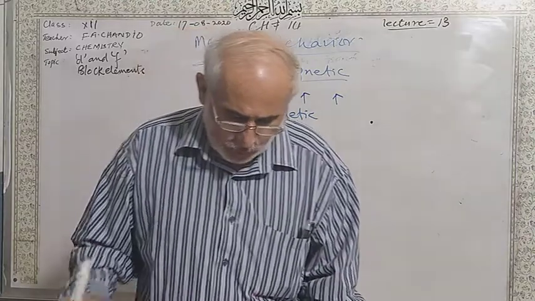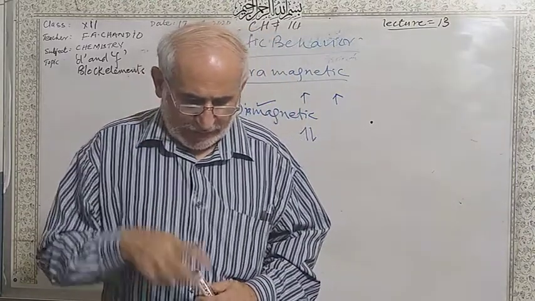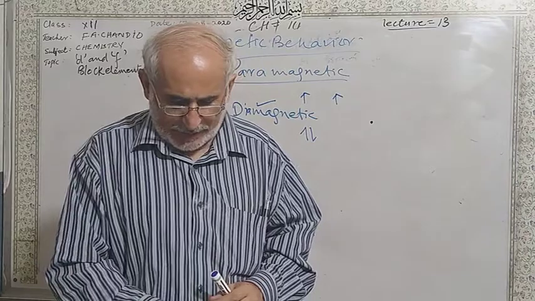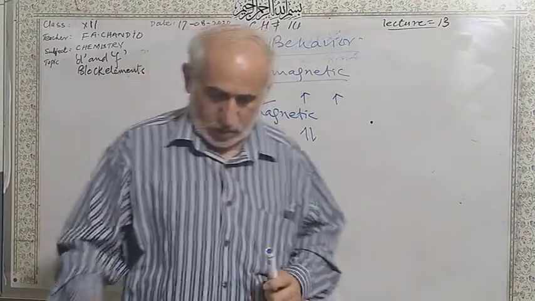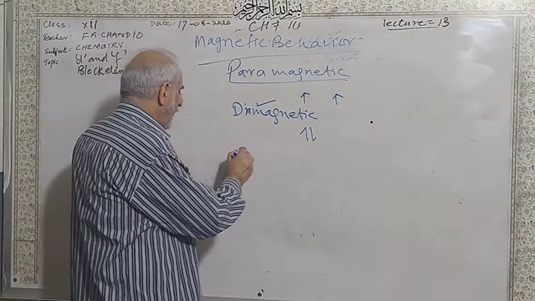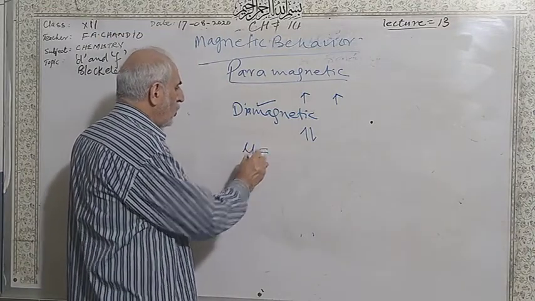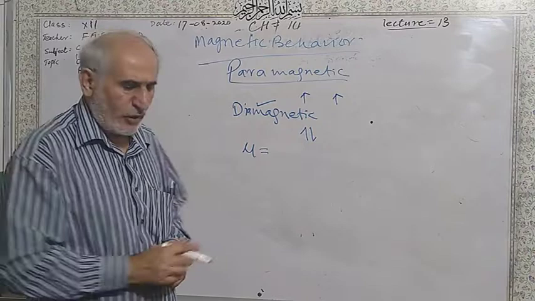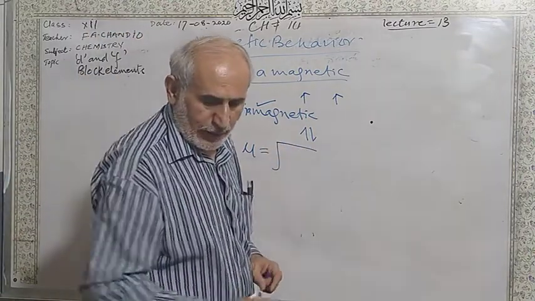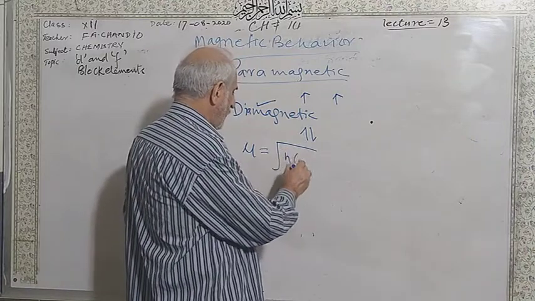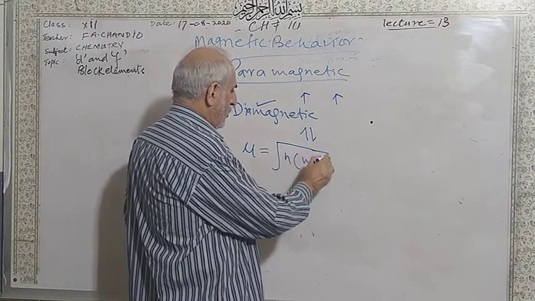And this magnetic moment is related to the number of unpaired electrons n by this equation. This is the magneton, mu. We call it mu, equals the square root of n(n+2).